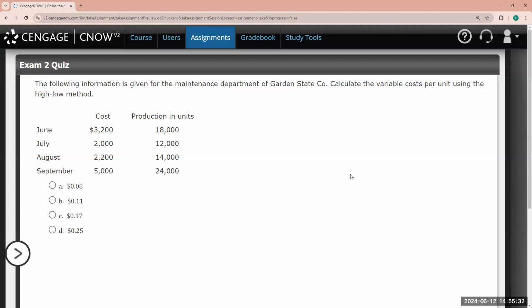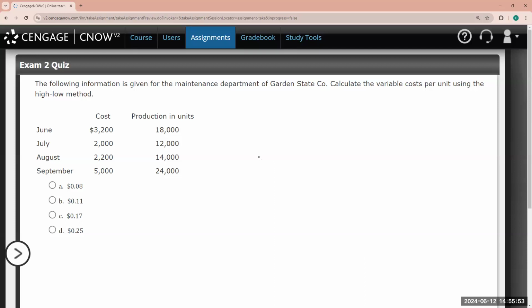All right, so we know the formula is as follows.